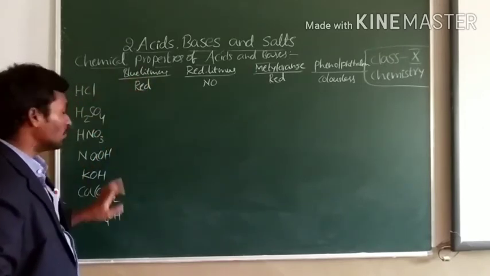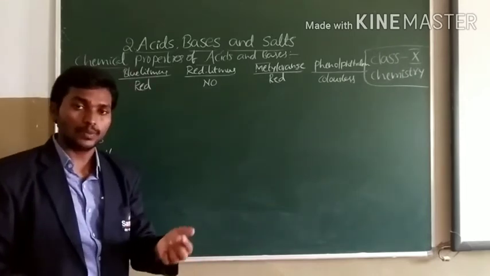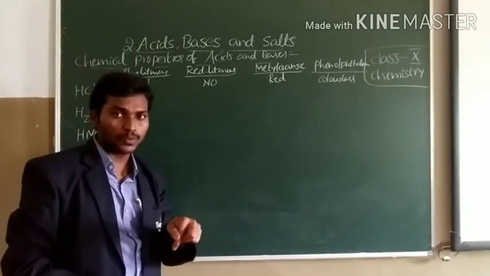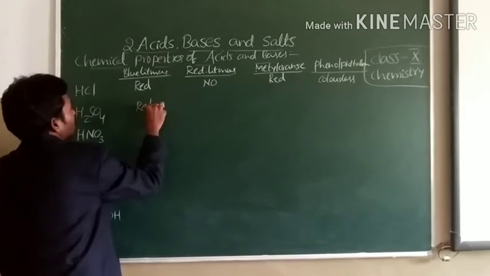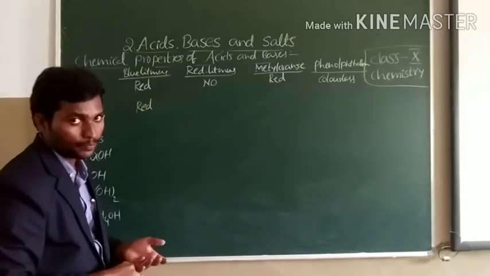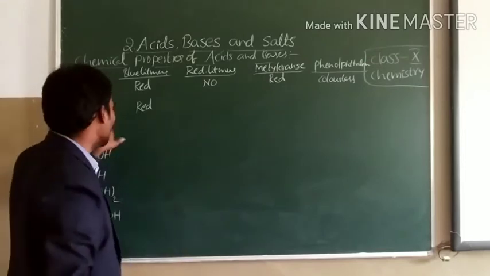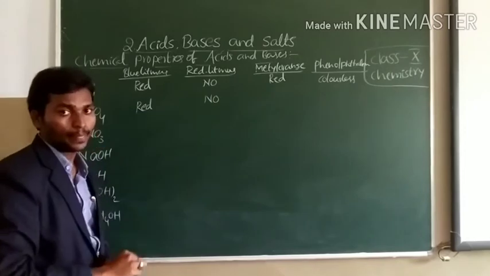Next, sulfuric acid. Take some amount of sulfuric acid in a test tube or a beaker. Now place blue litmus in that. When you dip blue litmus, it turns to red litmus, so it is acidic in nature. Now take red litmus and put it in the H2SO4 solution. You observe no change.